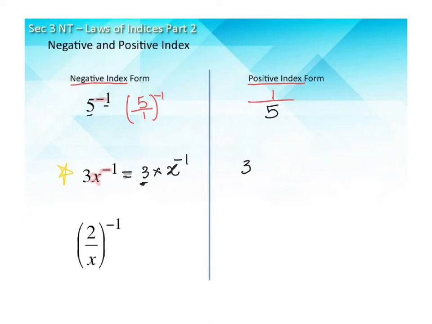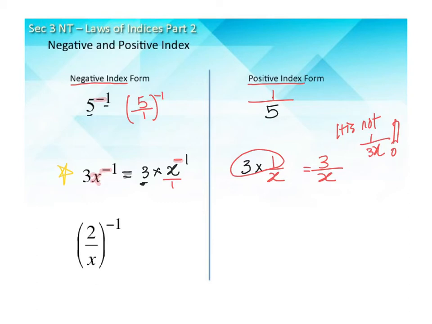And when I need to multiply by x to the power of negative 1, now I will take this to be x over 1, and I will swap the thing to become 1 over x. And this gives me 3 is in the numerator, so this will be 3 over x. Please do not write as 1 over 3x.